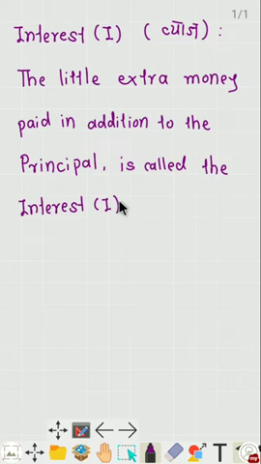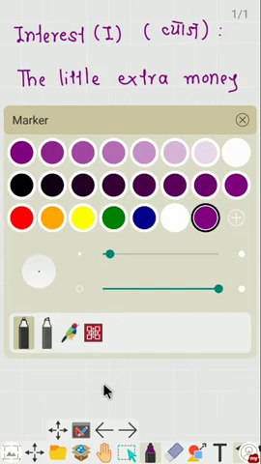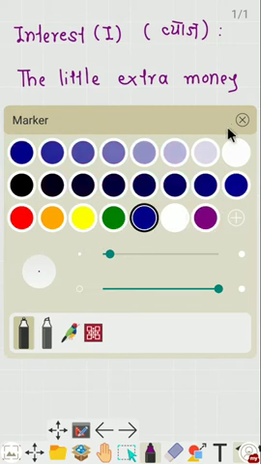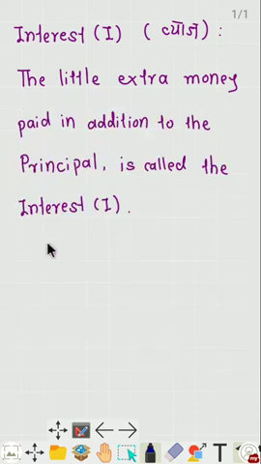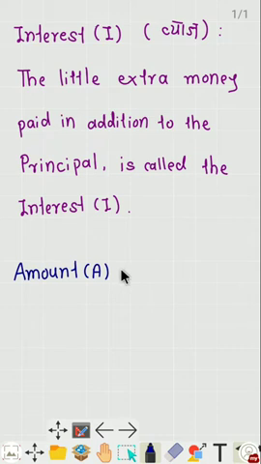Interest I, okay. And the next term that we are going to use is the amount, and it is denoted by the notation A. The amount means total amount.